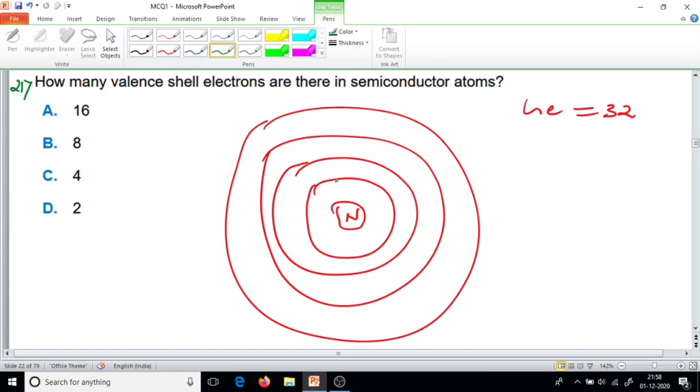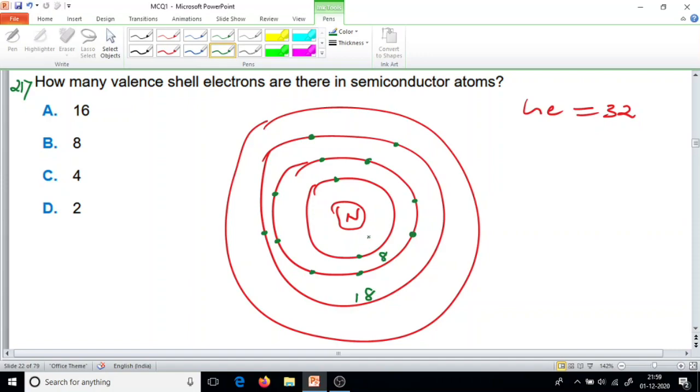Now, this is the first electron. Germanium atomic number is 32. The first orbit will have 2. The next orbit will have 1, 2, 3, 4, 5, 6, 7, 8. The second orbit has 8 and the third orbit will have 18.